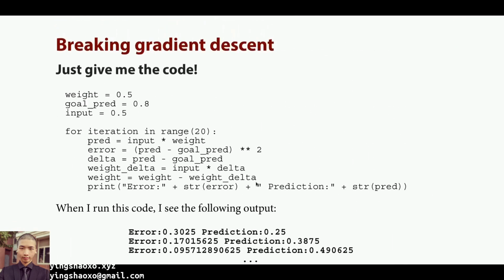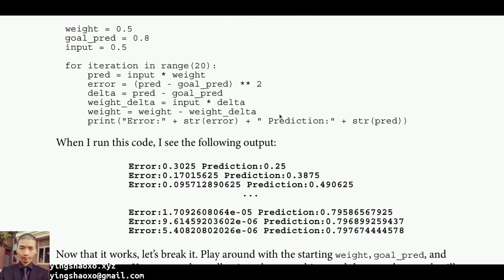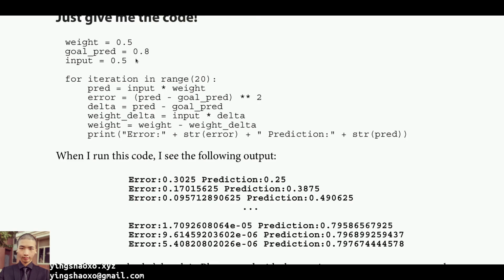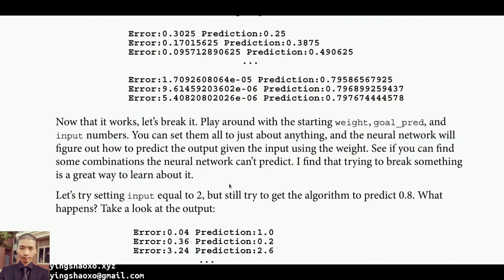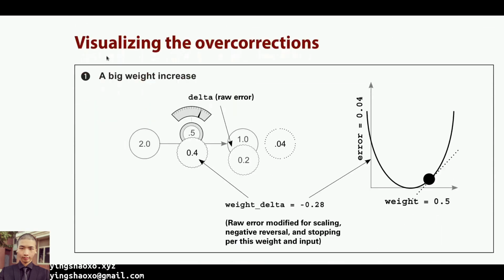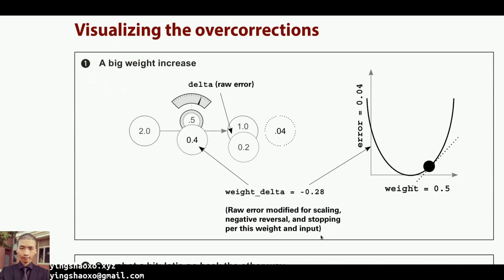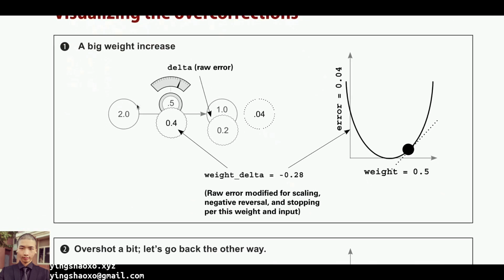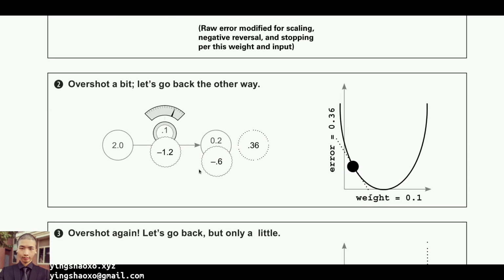Why? Just because we changed the input from 0.5 to 2. Visualizing the overcorrections: this is how it happens if you change the input value from 0.5 to 2.